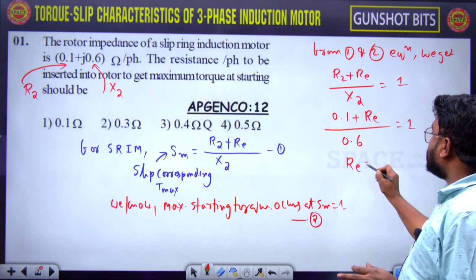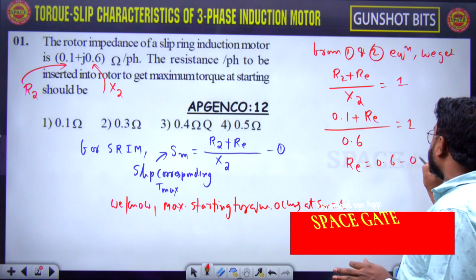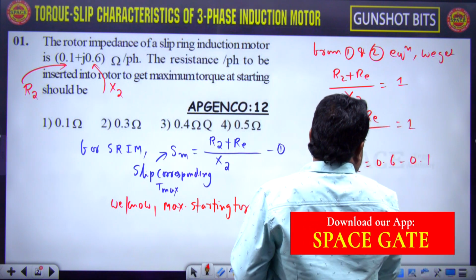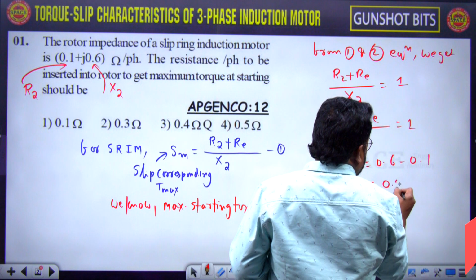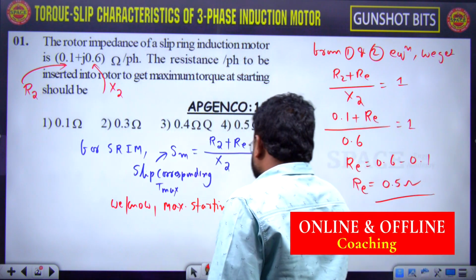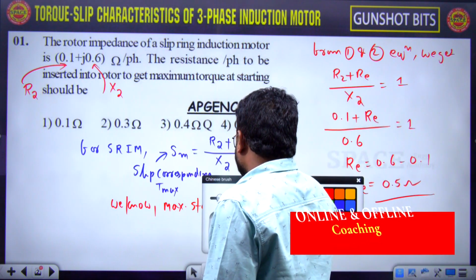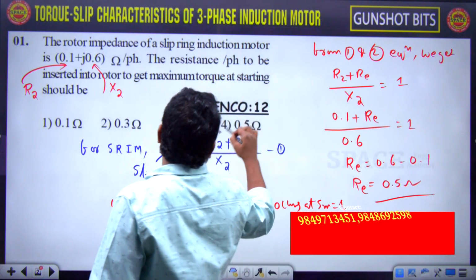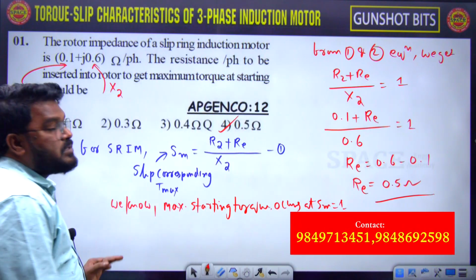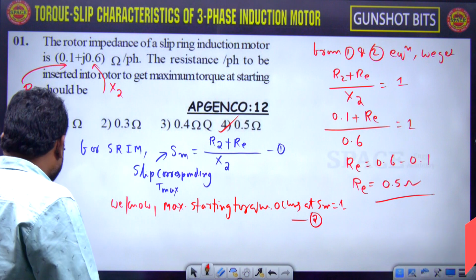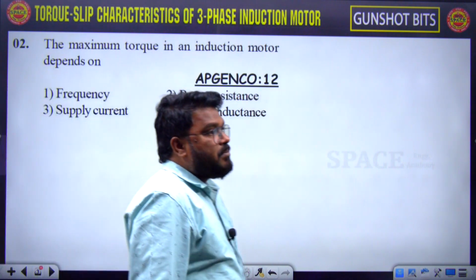Therefore, RE is equal to 0.6 minus 0.1, so RE is equal to 0.5 ohm. The external resistance to be inserted into the rotor, 0.5 ohms, is the correct answer for this question.